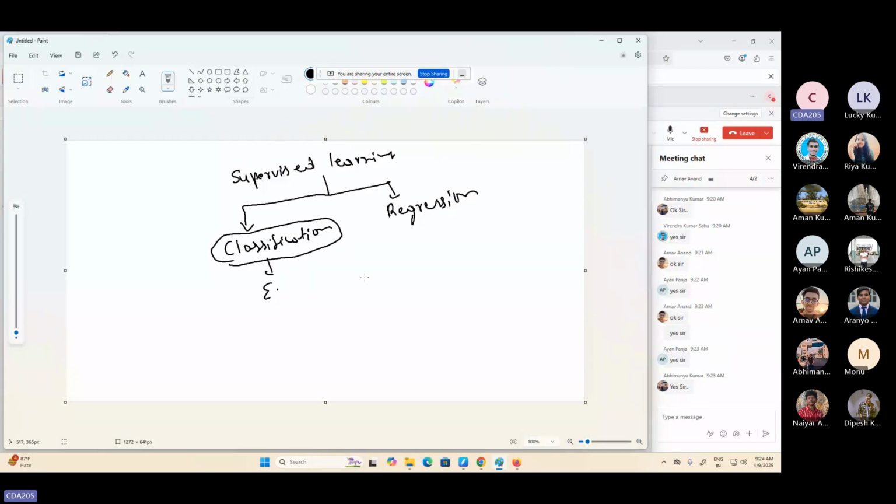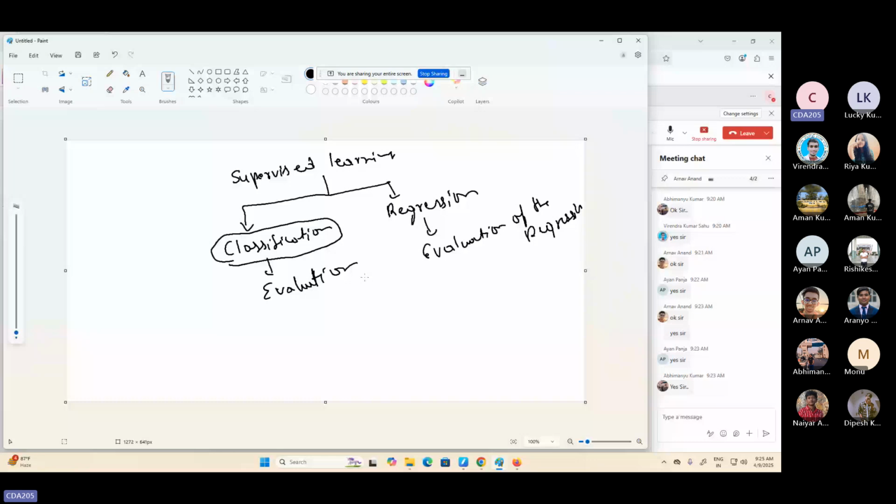Same as in regression, I told you how to evaluate the regression part. What are the evaluation metrics in regression?